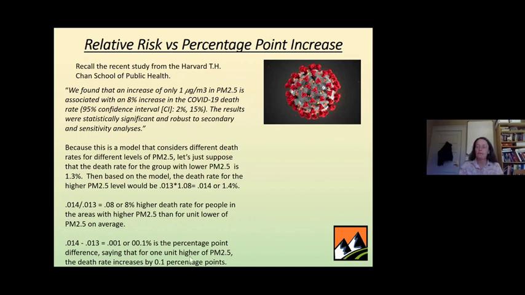I've found that actually using the term percentage point really helps to make that point to people: no, this is a percentage point difference, not a percent increase or a relative risk calculation. Both are very informative and used widely, but sometimes I think they get confused because they do have quite different conclusions.